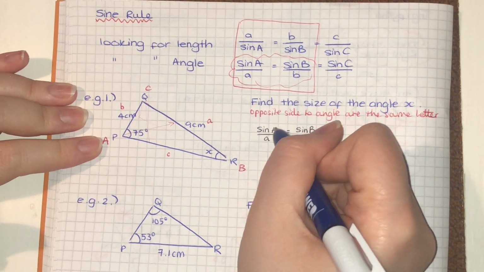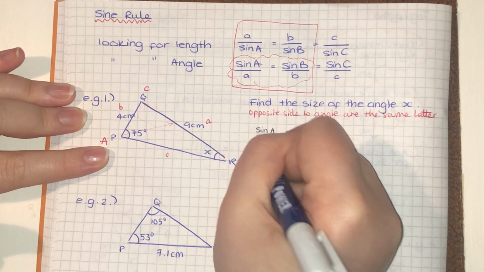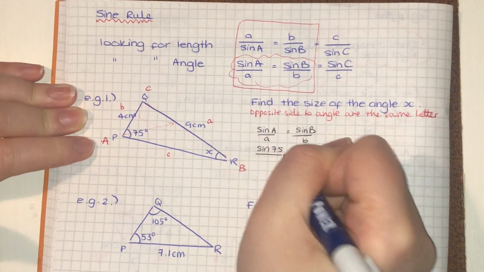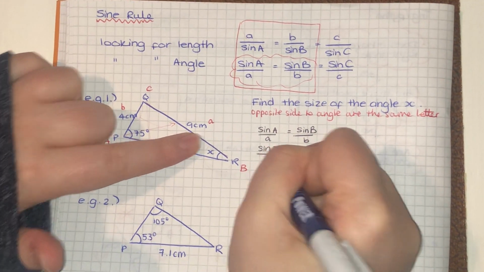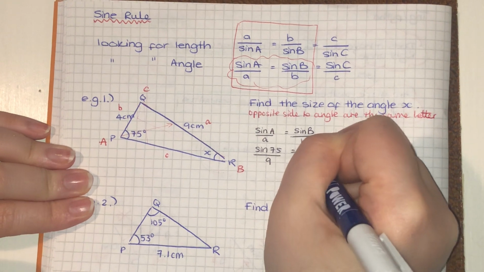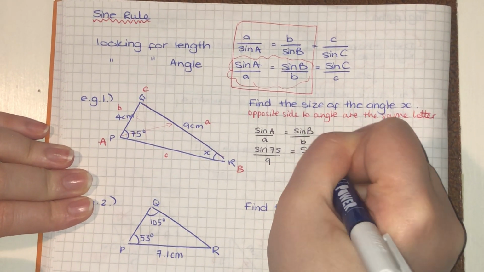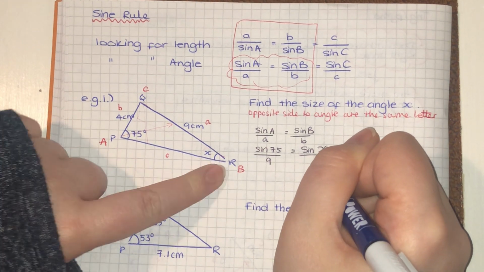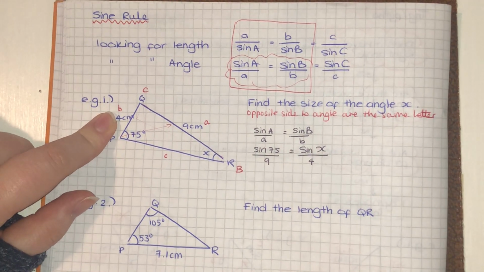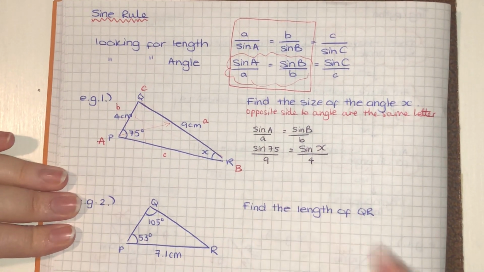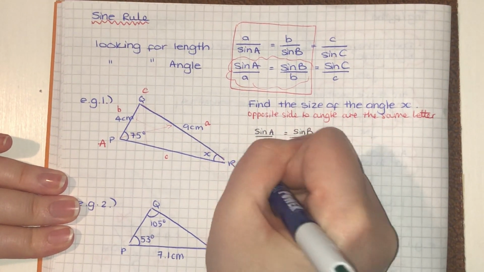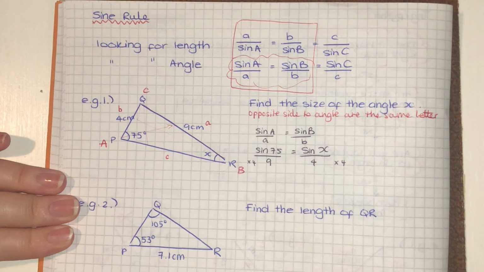So sine of big A, so that would be sine of 75, because the angle is 75, divided by little a, which is 9, is equal to sine of x, because x is the angle at B, divided by 4. Now, we don't like to have fractions, so I'm going to multiply both sides by 4, because the sine x is being divided by 4.